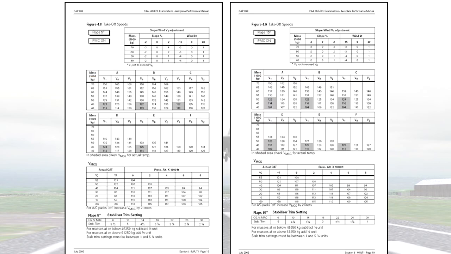The next factor to affect VR is the aeroplane configuration. Page 18 lists the V speeds for 5 degrees flaps, and page 19 lists the V speeds with 15 degrees flap. Therefore, comparing these speeds from the 2 pages should tell us the effect of the flaps.